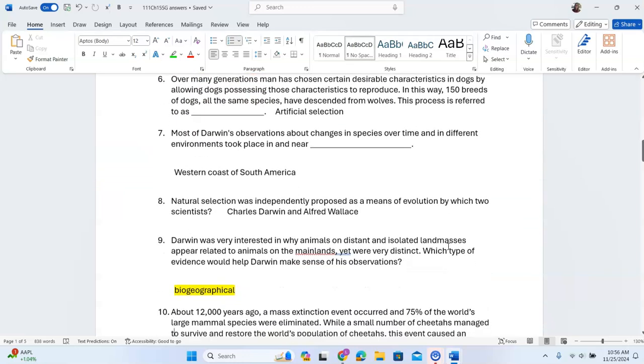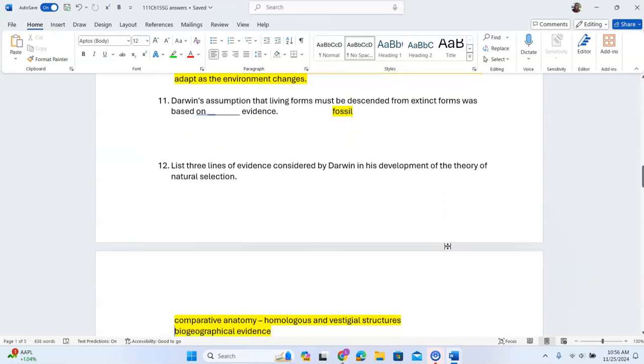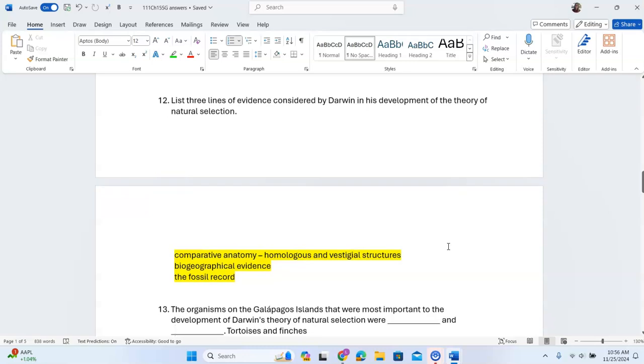Number 12, list 3 lines of evidence considered by Darwin in his development of the theory of natural selection. And we already had talked about the fossil evidence and the biogeographical evidence, but then we didn't cover this yet.